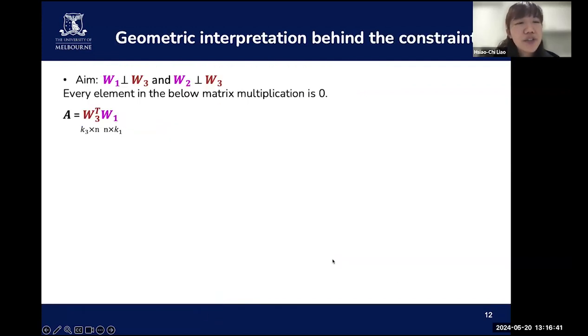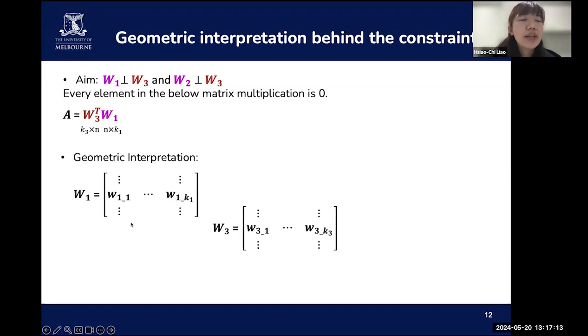So here I'm going to give the geometric interpretation behind the constraints. Our goal is to make the distinct unwanted vectors independent or orthogonal to the shared unwanted vectors. That means in the below matrix multiplication, the elements in the A matrix should be 0 everywhere.